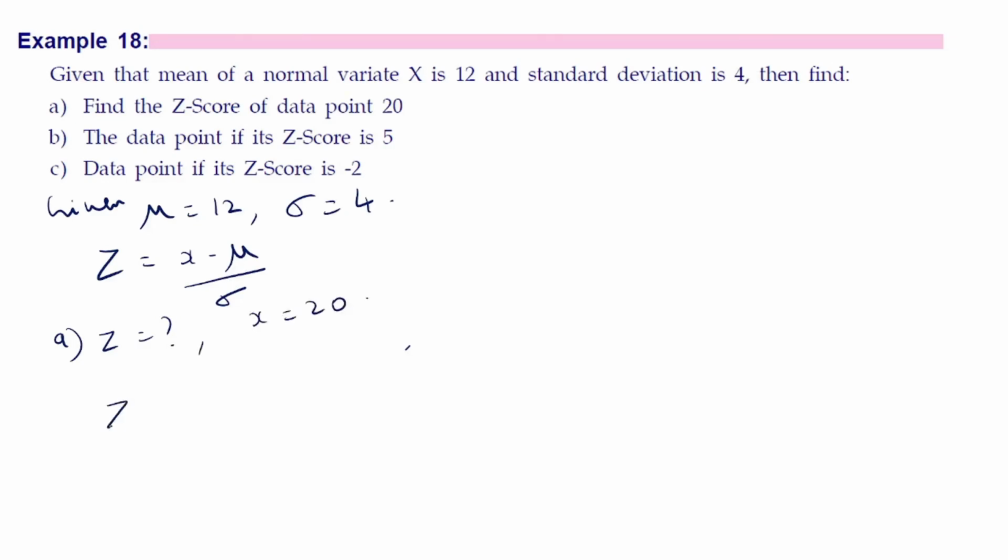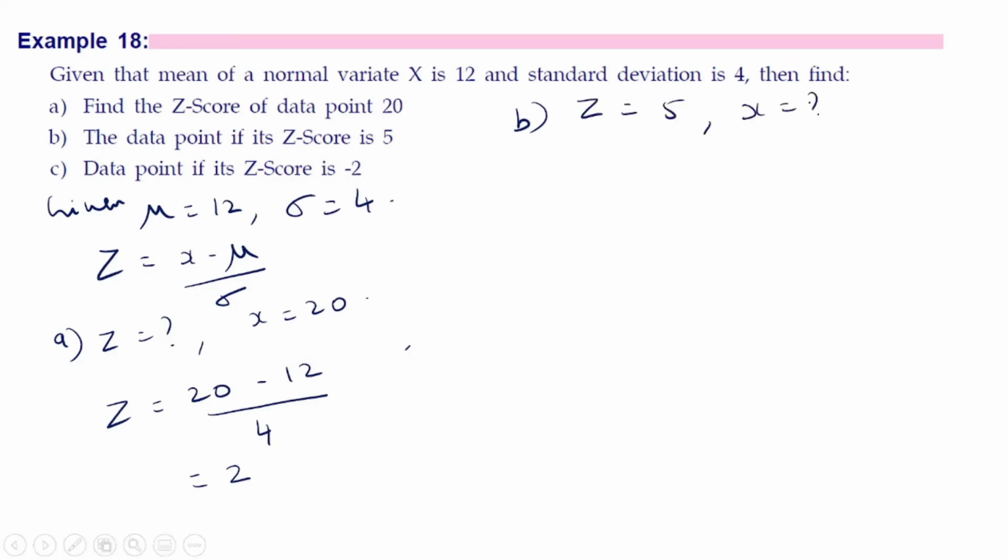So z can be calculated as 20 minus mu by sigma. Mu is 12, sigma is 4. So it is 20 minus 12 by 4, which is 8 by 4, that is 2. Then the second subdivision, the data point if its z-score is 5. So we need to find x given the z-score is 5.